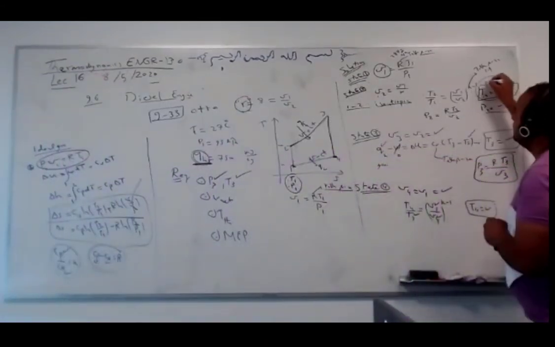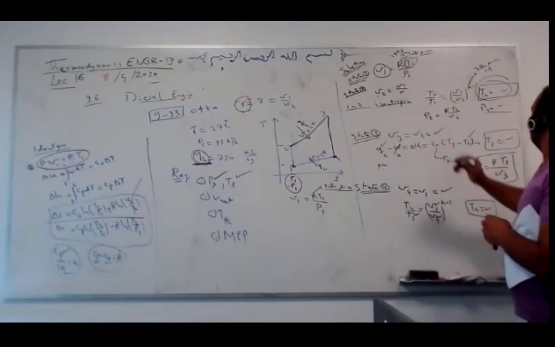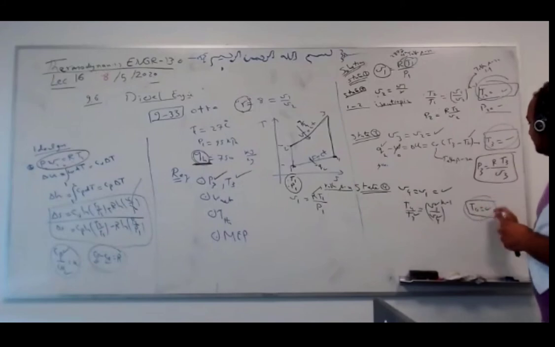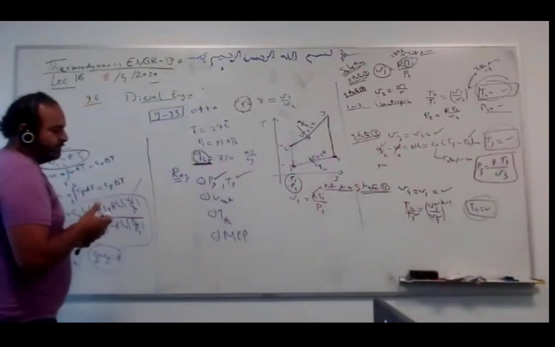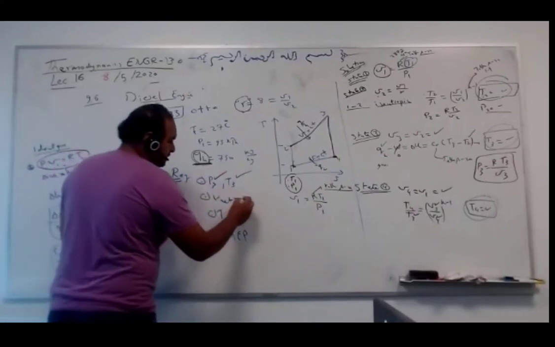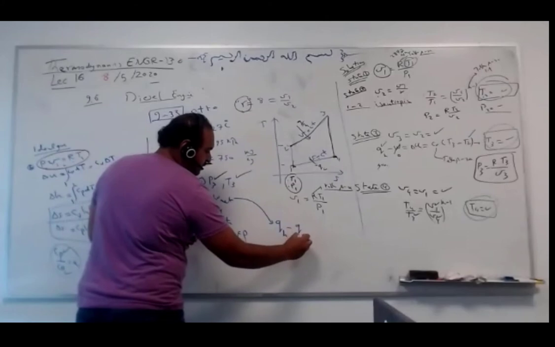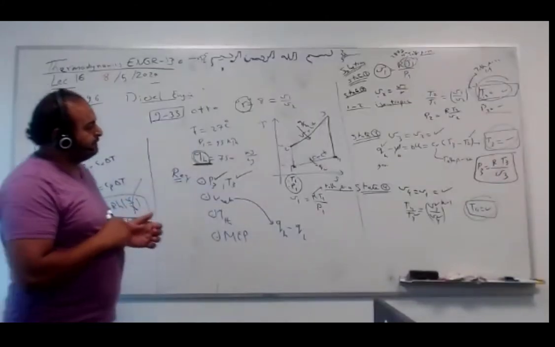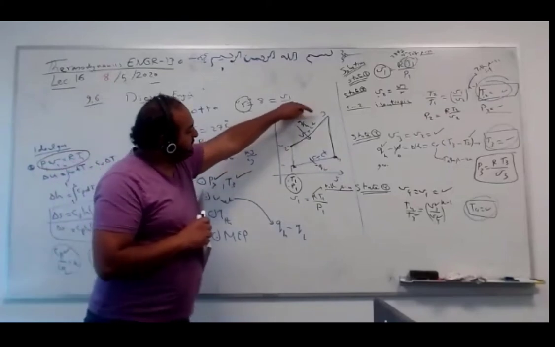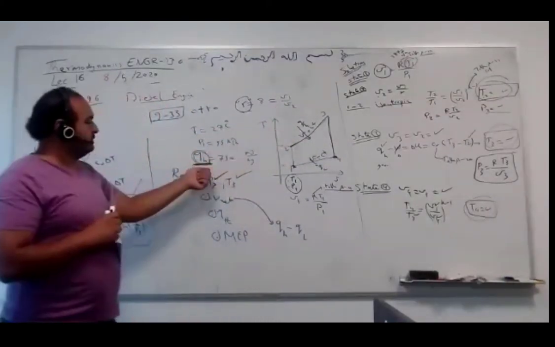You have T2, and T1 is given already. You have T3, you have T4, you are done. If you want the net work, it's just Q high minus Q low. Q high is CV times (T3 minus T2), which was already given.